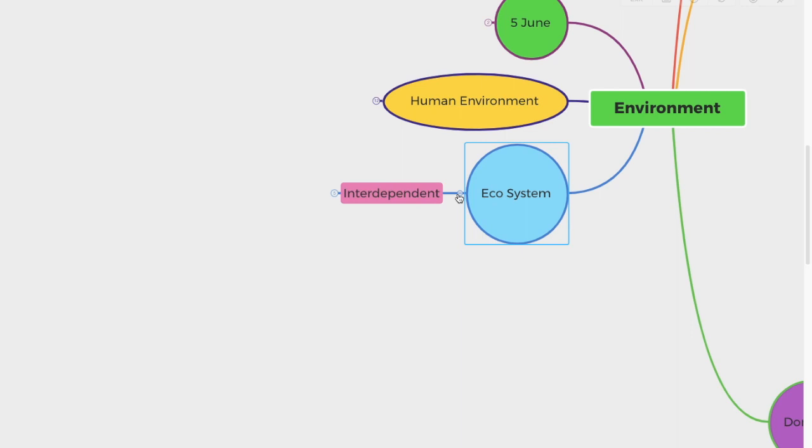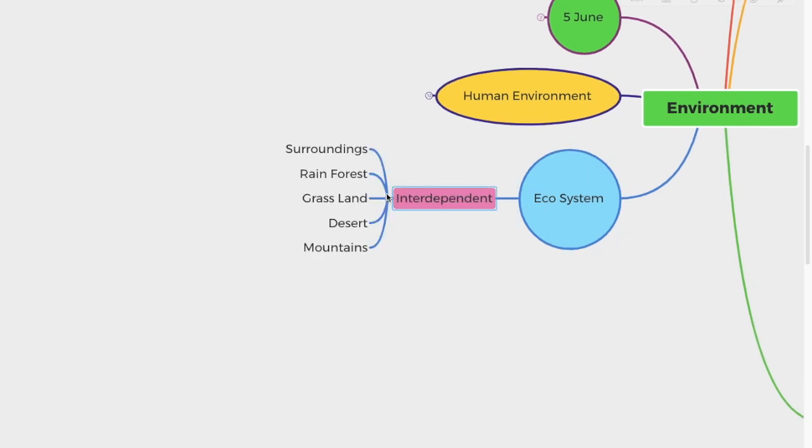A herbivorous animal who eats plants needs plants to survive, right? Same way with carnivorous animals, they will require meat to survive. Omnivorous animals will require both plants and animals to survive. So that's the meaning of interdependent. All plants, animals, and human beings depend on their immediate surrounding.